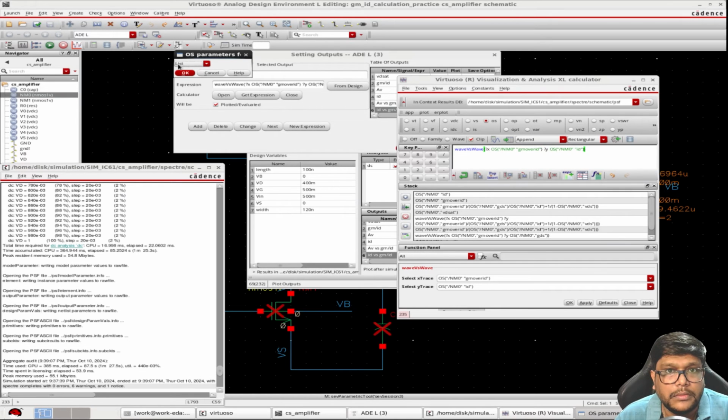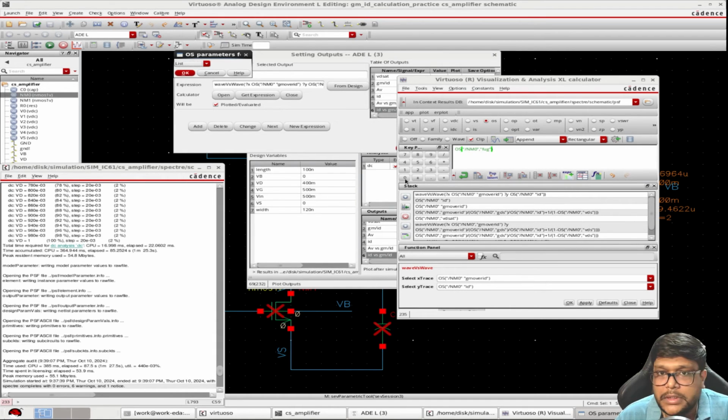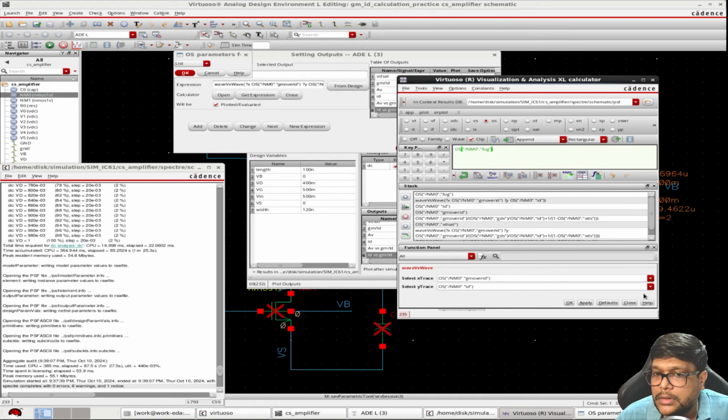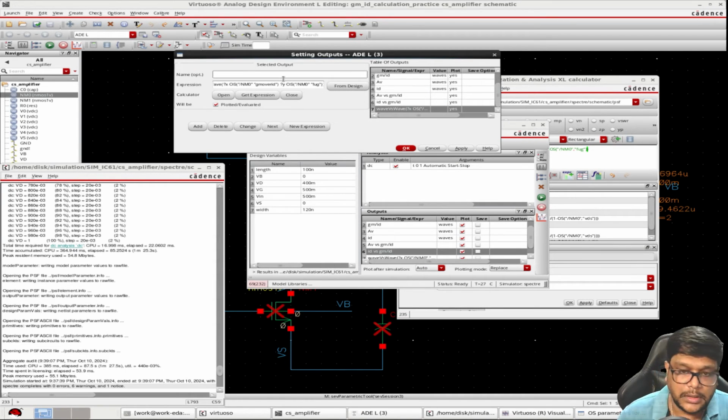For that we'll go to the OS parameter and we need unit gain bandwidth. So this is our FUG, unit gain bandwidth, and let me do that. This is UGB versus GM over ID.